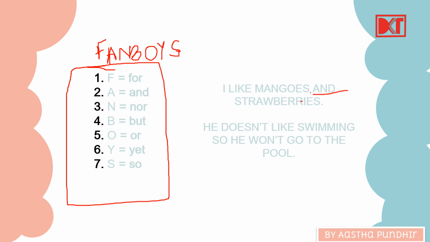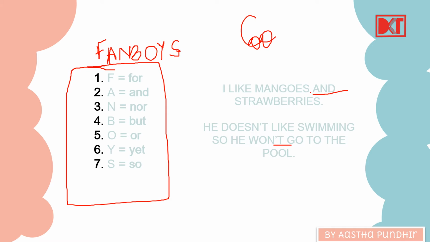All right. Then similarly, for the next one, we have he doesn't like swimming, so he won't go to the pool. He doesn't like swimming. So is coordinating, linking these two separate clauses. Right? So यही काम होता है किसका?